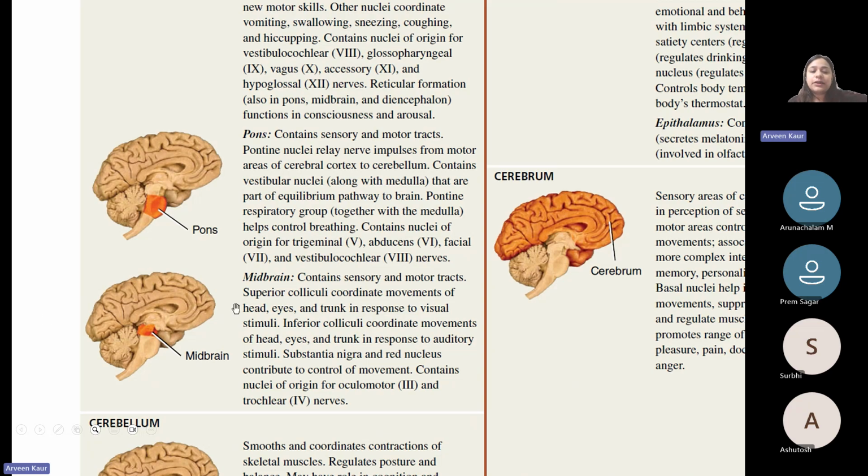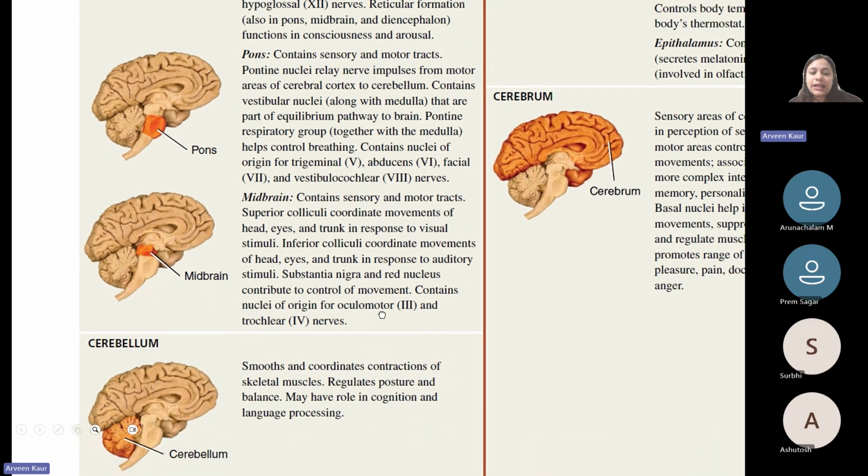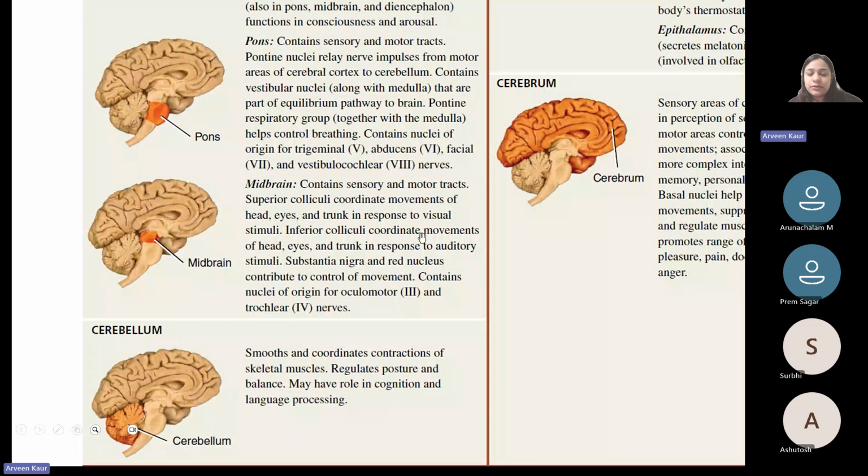The midbrain, as we have already discussed, contains sensory and motor tracts. The superior colliculi coordinate movements of the head, eyes, and trunk in response to visual stimuli. The inferior colliculi coordinate movements of the head, eyes, and trunk in response to auditory stimuli.